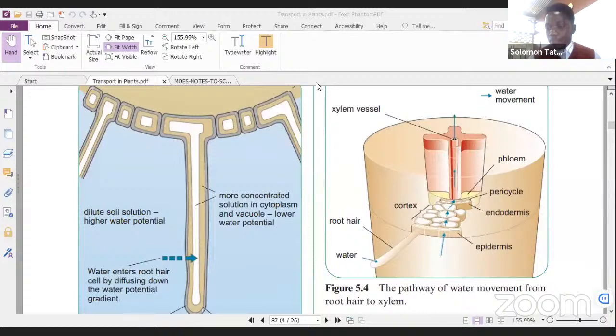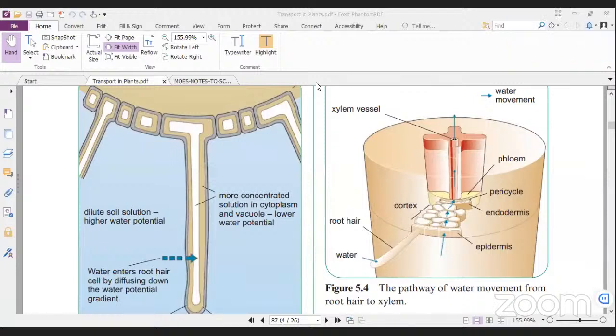You can raise up your hand or you can type in the chat box. Why is it that plants do not need hemoglobin? Who would love to try? Just try.